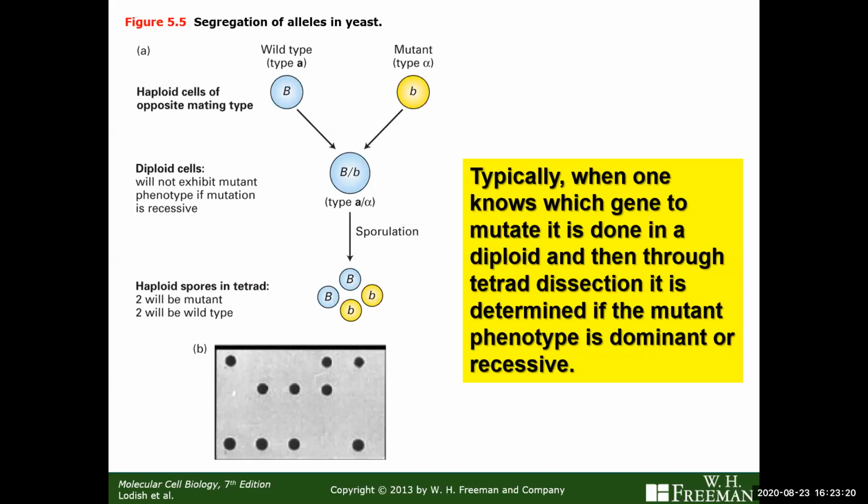And as I said, as most mutations will be recessive in nature, if you conduct the mutation in a diploid, then in all the cases where the mutation is recessive, meaning the gene that you are mutating is not a haploinsufficient locus, you will not even know that the mutation was done and successful, because the wild type copy will mask the effect of mutation.